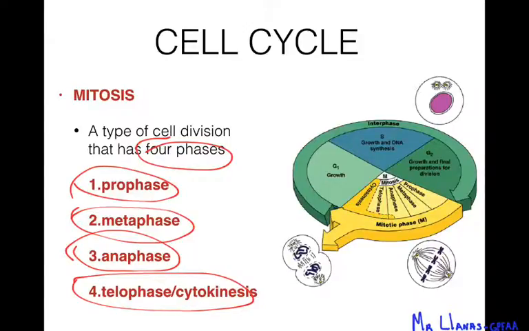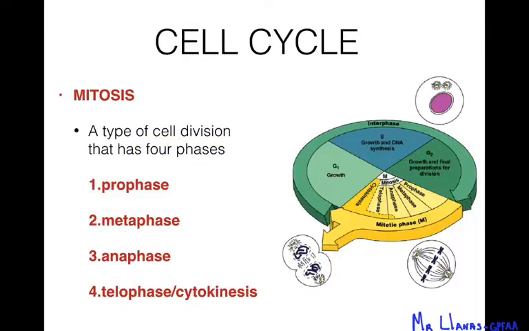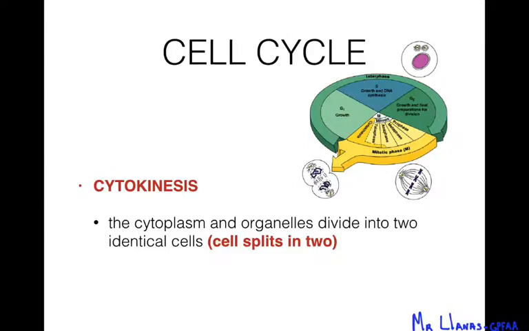So again, mitosis is the last part of the cell cycle where the cell actually divides, and it takes 4 phases in order for the cell to divide. That's mitosis. Now, cytokinesis, like we said, is just the last section of that mitosis phase, and it's where the cell actually splits.